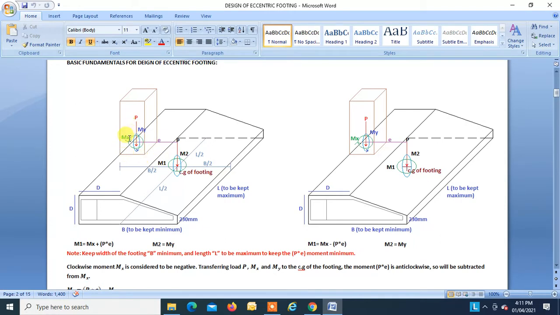Say when Mx is anti-clockwise, this moment plus another moment due to P into E will also be anti-clockwise.